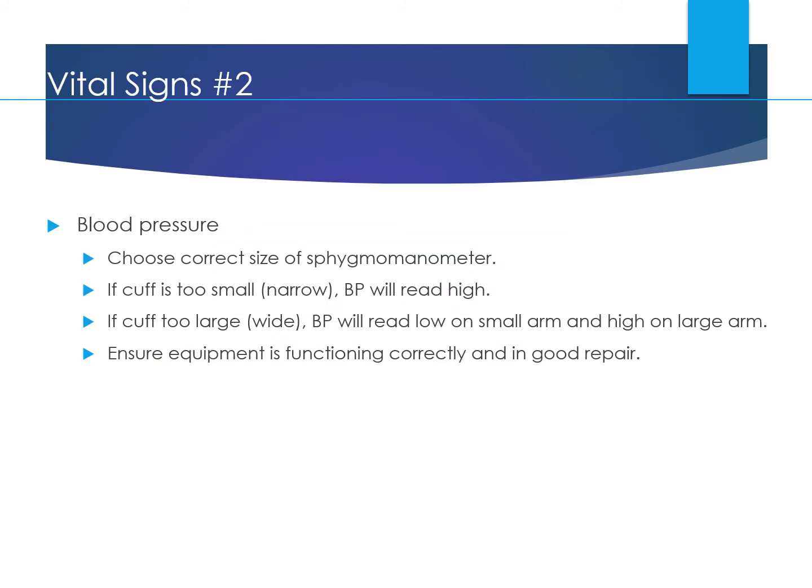To check blood pressure, we need to choose the correct size of sphygmomanometer. If the cuff is small or narrow, blood pressure will be high. If the cuff is too large or wide, the blood pressure reading will be low. So we need to ensure equipment is functioning correctly and in good repair.